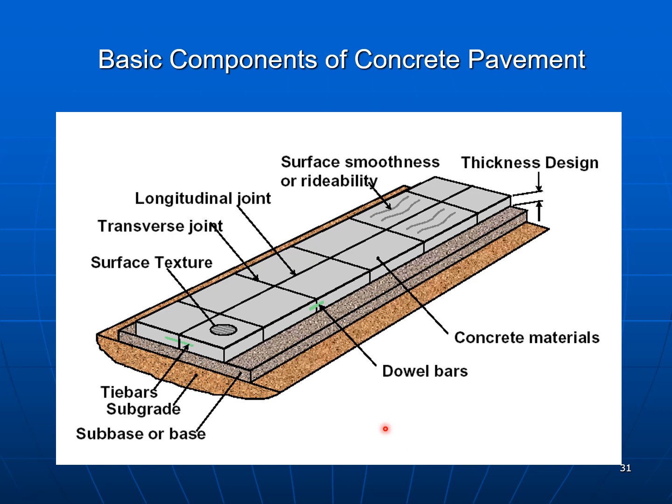You can see the different panels of the concrete slab, the transverse joints, and the longitudinal joint. And at the joints, steels are to be provided. The dowel bars are provided at the transverse joint, and the tie bars are provided at the longitudinal joints.